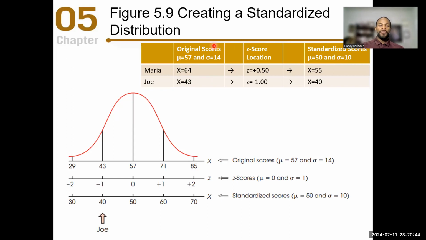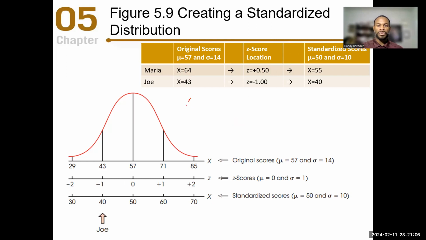So if we want to transform Maria's score, she got a score of 64 on the original scale, and we want to transform that to the standardized score. Let's do this really quickly.